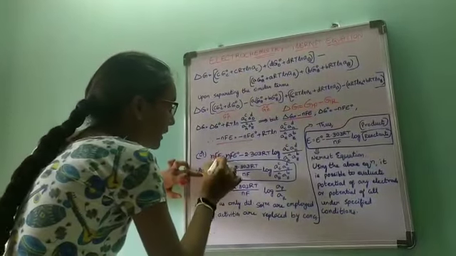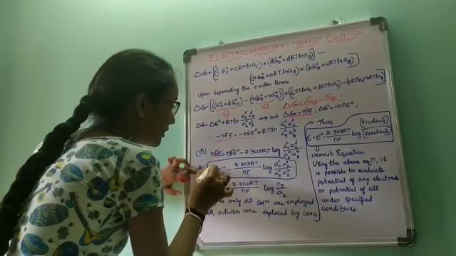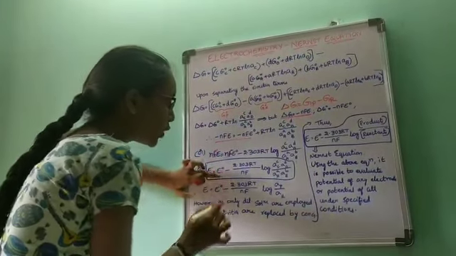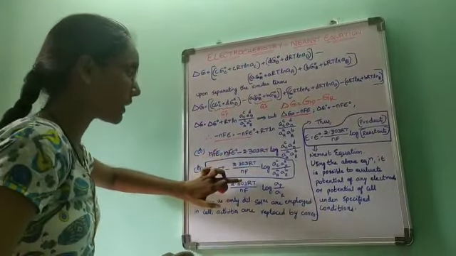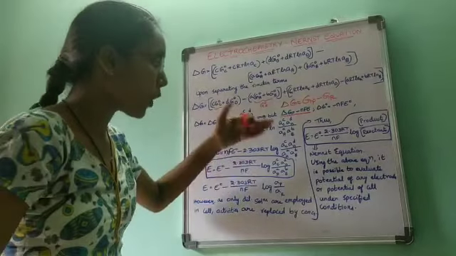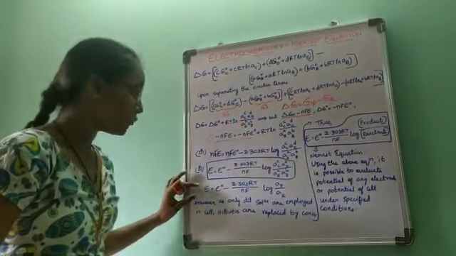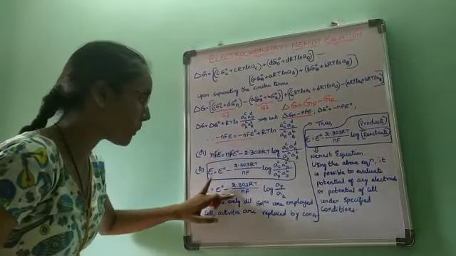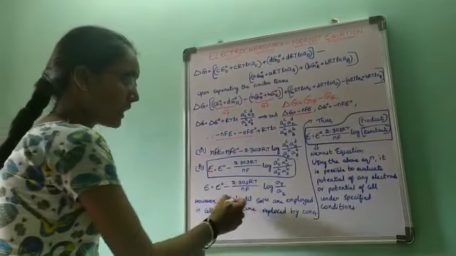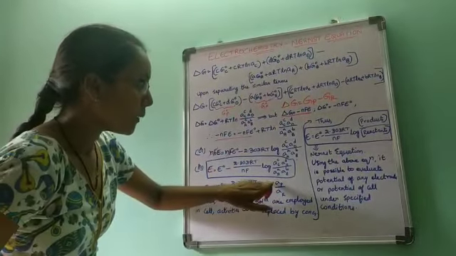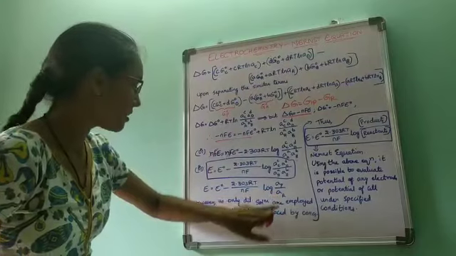and this E is the electrode potential. E equals E naught minus 2.303 RT by nF log products by reactants.